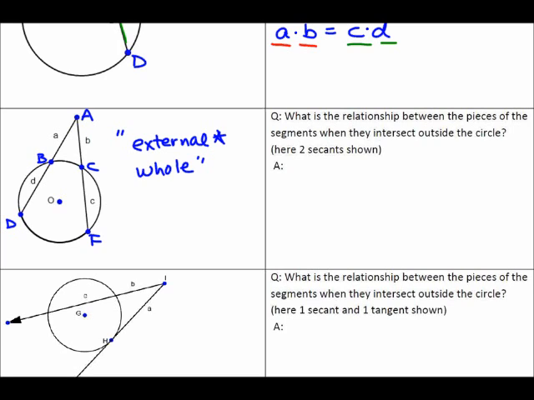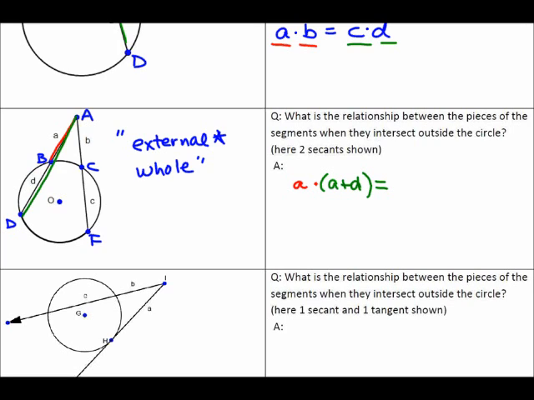Okay, so if you want to write up a little formula, we can say if we're looking at this first secant, a to d, if we take just this piece a, you're going to want to multiply times its whole thing, which is a plus d.